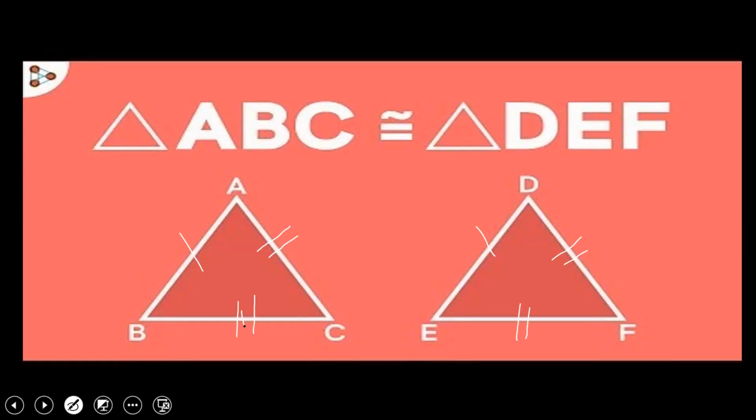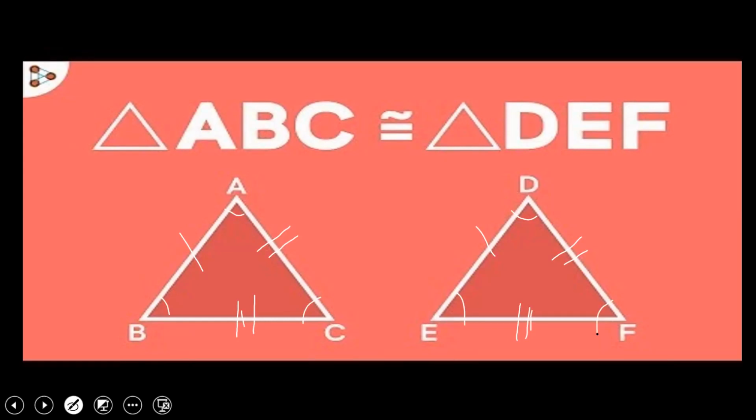If their three sides are congruent, I will check now the angles. The angle A is congruent to angle D, the angle B is congruent to angle E, and the angle C is congruent to angle F.